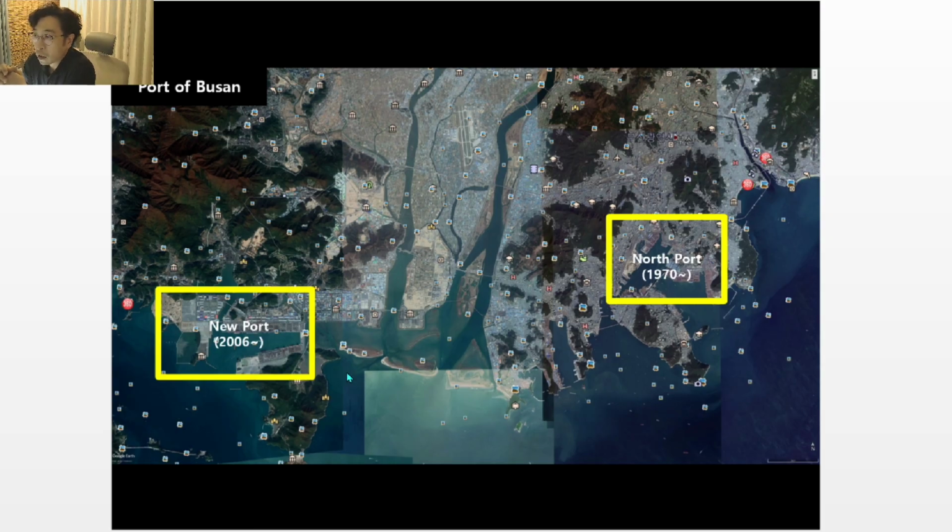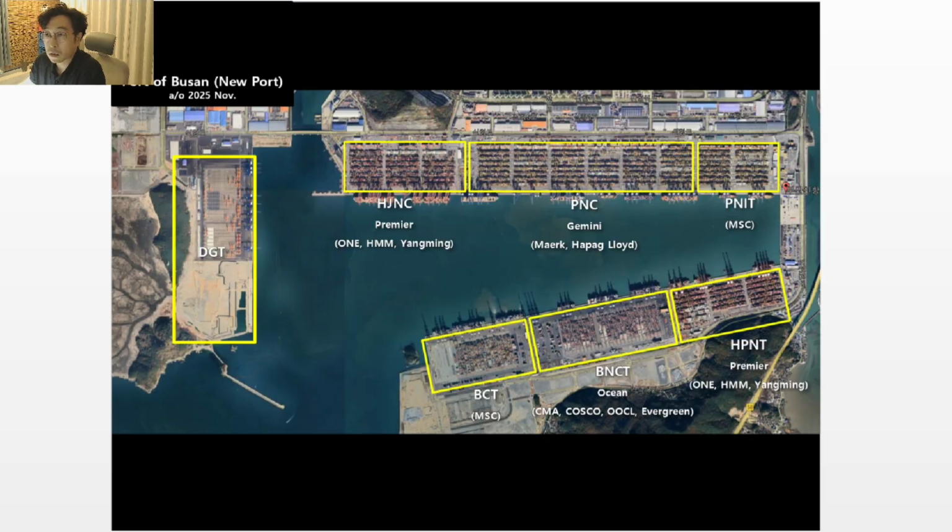So you can understand that Port of Busan is divided into two port areas: North Port for small vessels, and New Port for big vessels. We will take a look at how the New Port area is composed. Because we have no time today, we're going to skip the North Port introduction.